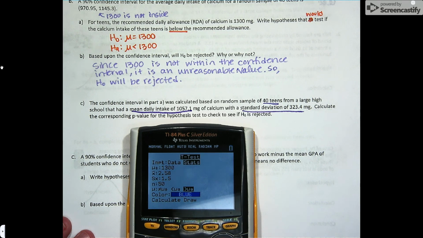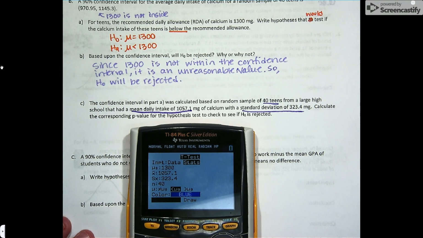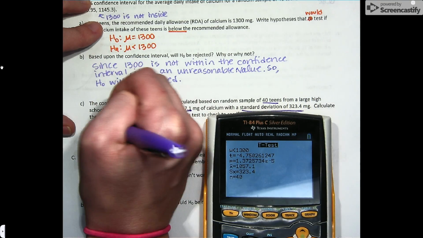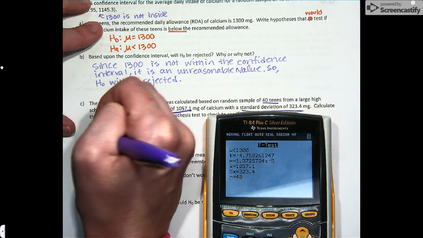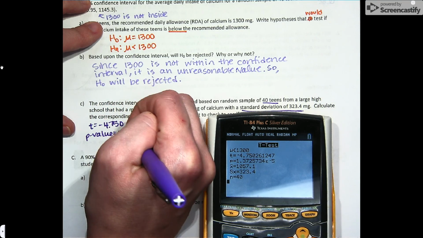The hypothesized value is 1,300. The mean is 1057.1, standard deviation of 323.4, with a sample size of 40. And the alternative, they said they were trying to see if they got below the recommended allowance. If I hit calculate, I get a t test statistic of negative 4.750 and a p-value of 1.373.